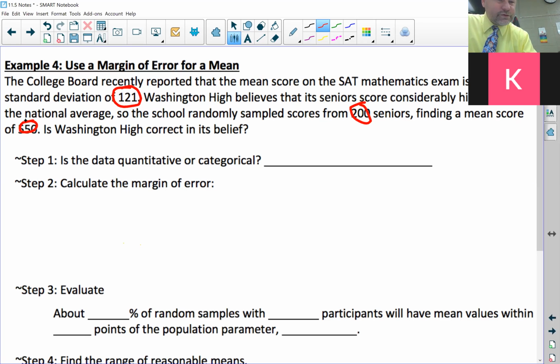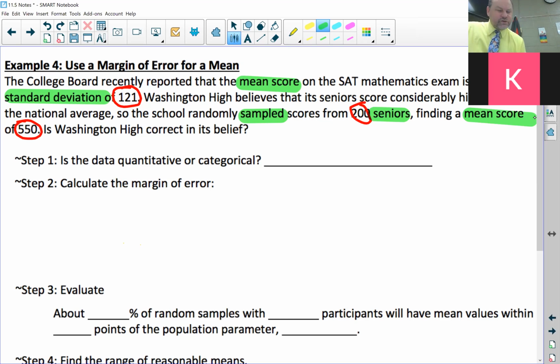And then kind of highlight some of the important pieces. Mean score, standard deviation, sampled seniors, and mean score.